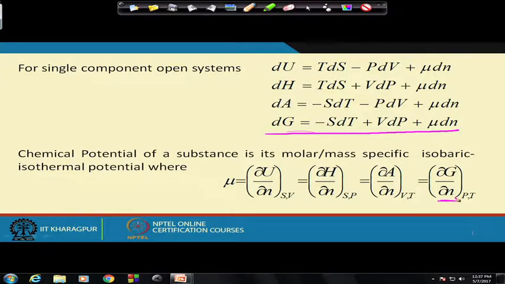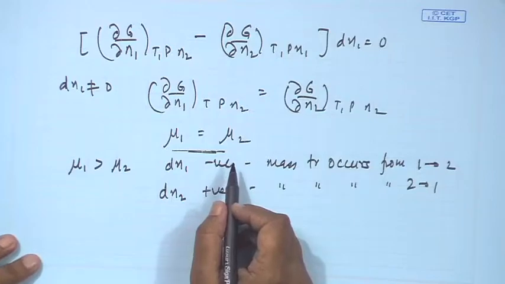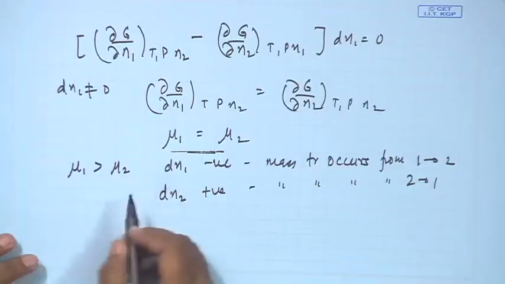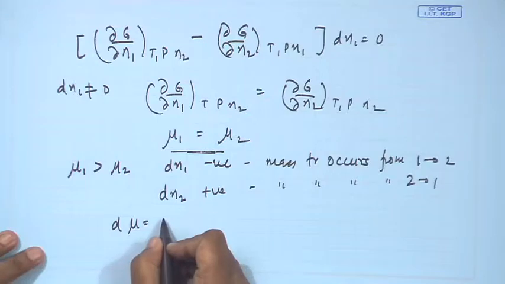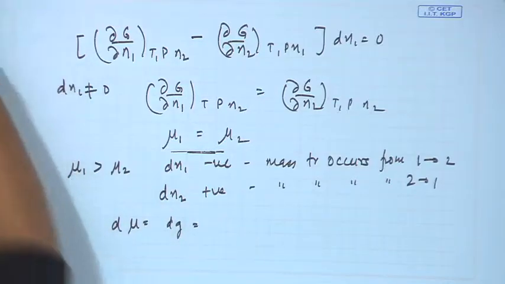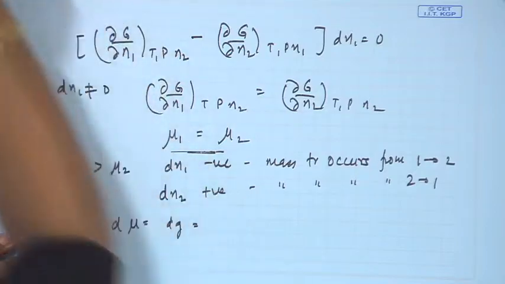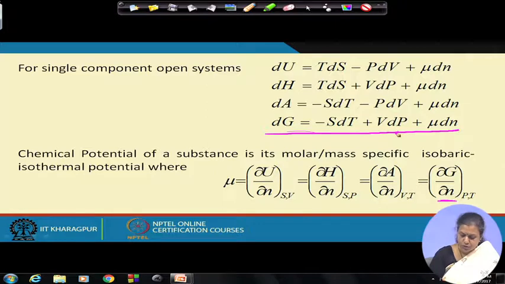Now this particular equation we can extend further to find certain other characteristics of the transition boundaries. How? All of us know what d mu is equal to. d mu is nothing but dg, and we already know what dg is equal to, again referring to this particular equation, since dg has been written in terms of molar quantities.